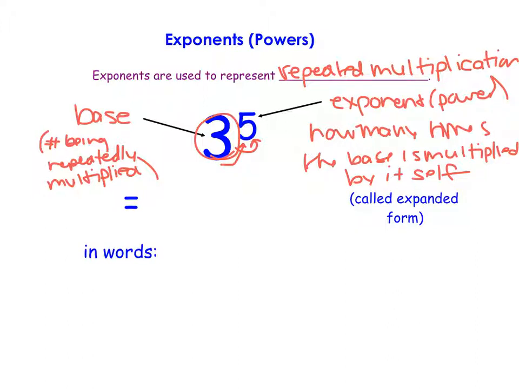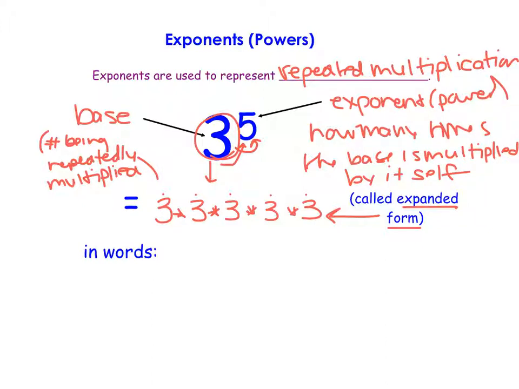So this is called exponent form, and when we actually write out the repeated multiplication, this is called expanded form. So what this really means is we're taking 3 and we're going to multiply it by itself 5 times. So this means 3 times 3 times 3 times 3 times 3. So we can write it in exponent form, or we can write it into expanded form by using what the definition of an exponent actually means.